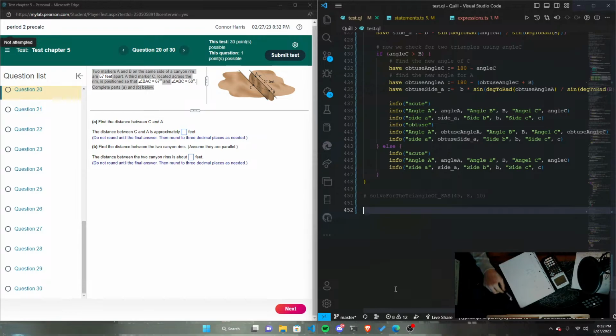Or technically our b is our C to our A. So make sure we're in degrees here, which we are. Okay. We would have 57 sine of 58 divided by sine of 55.